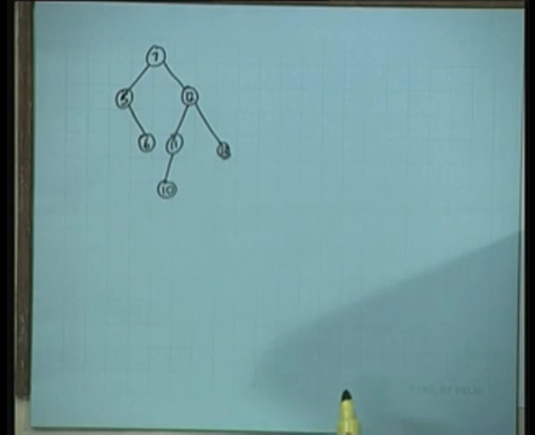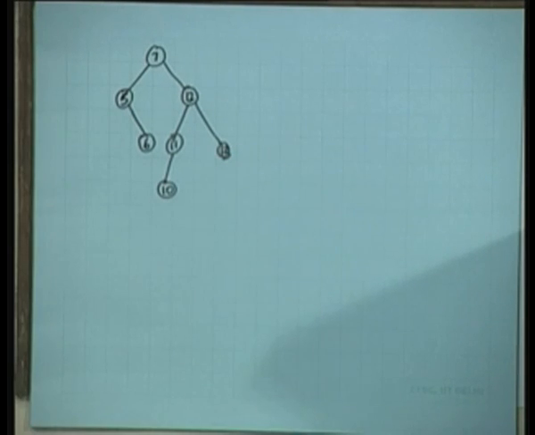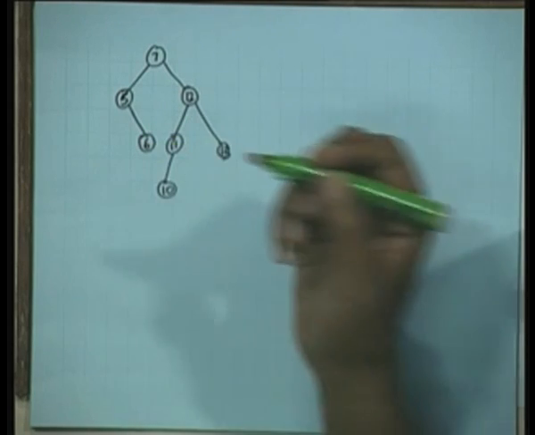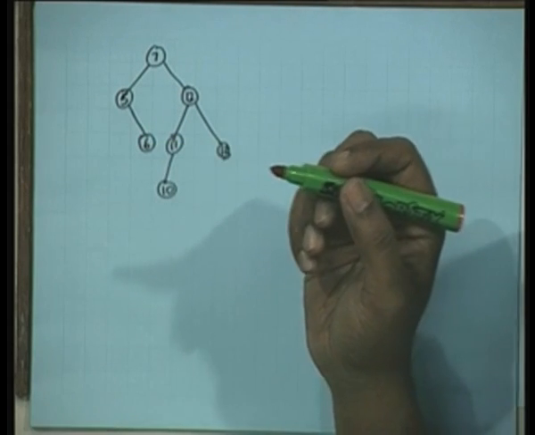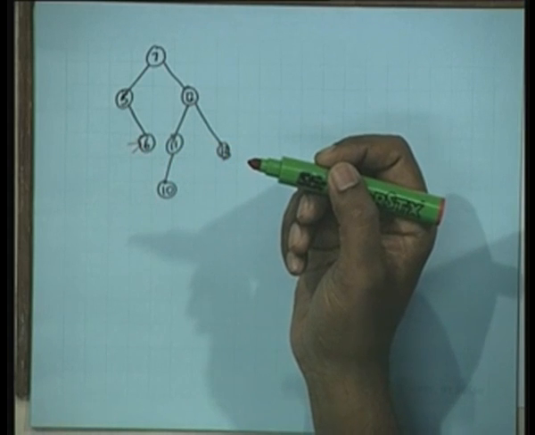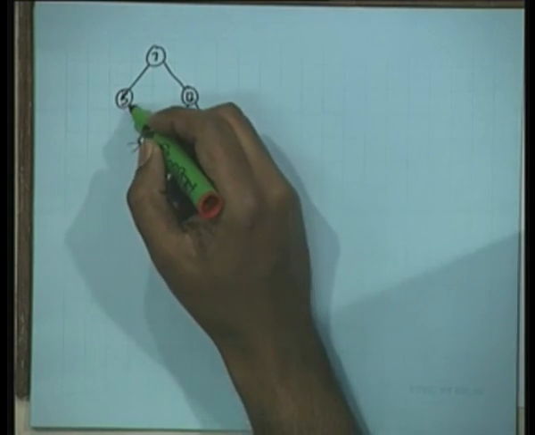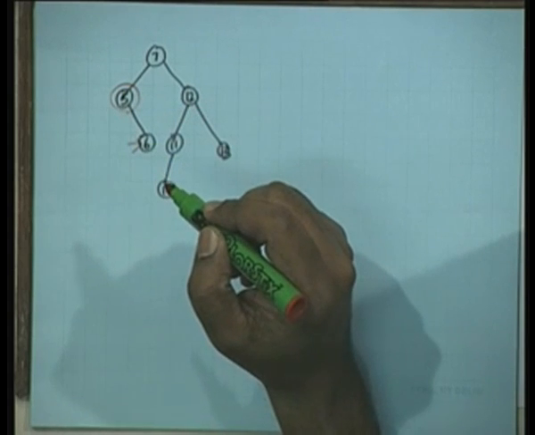Is this a binary search tree? Okay, now which is the smallest node here? The leftmost leaf? I do not know what leftmost leaf means, but this might be the leftmost leaf, but this is not the smallest node. The smallest node is 5.